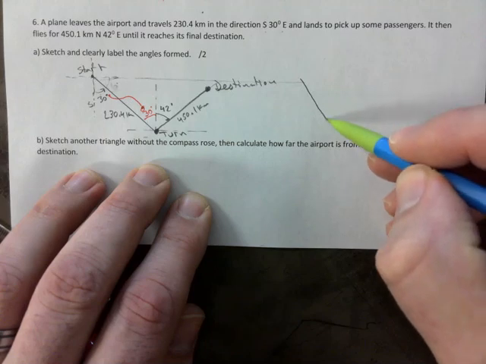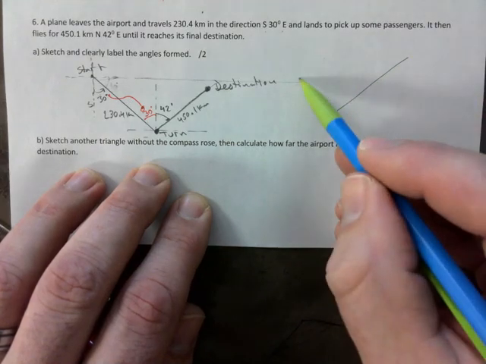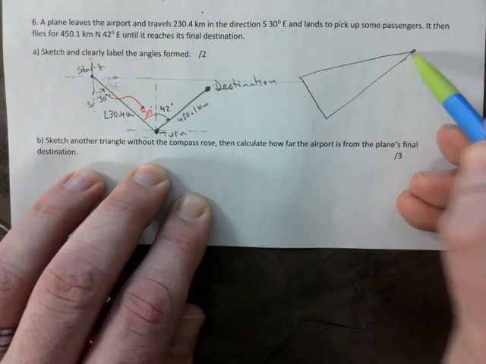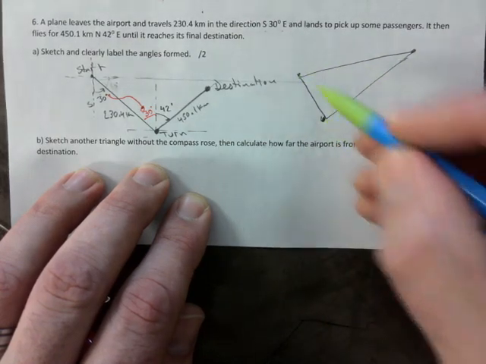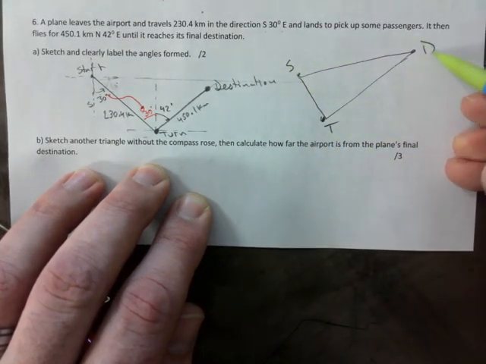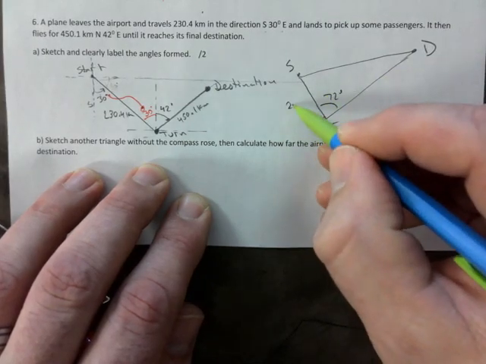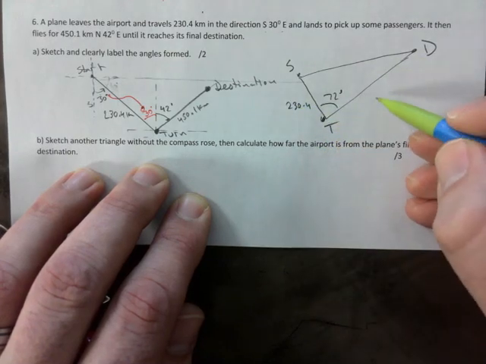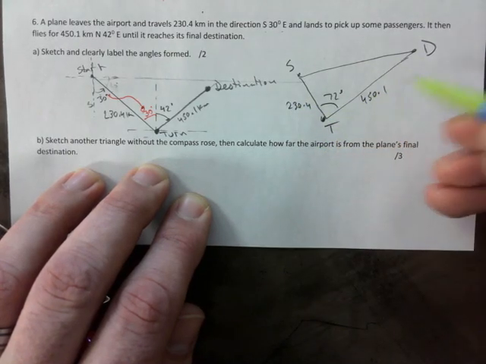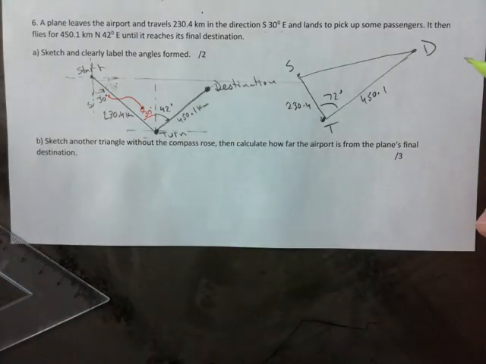So I know my clean version isn't the cleanest here, but we're going to go start, turn, destination. This is 72, this is 230.4, and this is 450.1. Okay, I think we're good.